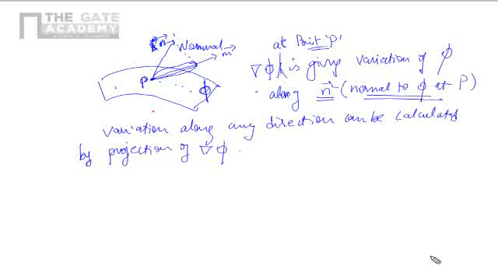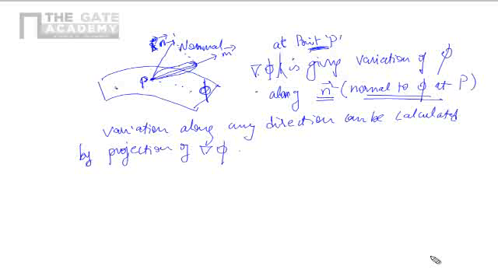I repeat, here I am evaluating at point P. You will first find del φ and substitute for the point P, so you will get del φ as a vector, not as a function. Then you will project that vector on this vector to find the variation along m. Now if I don't substitute the value of point P, you will get del φ as a function.